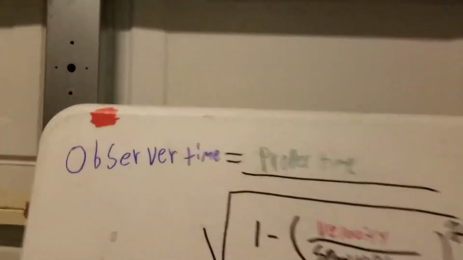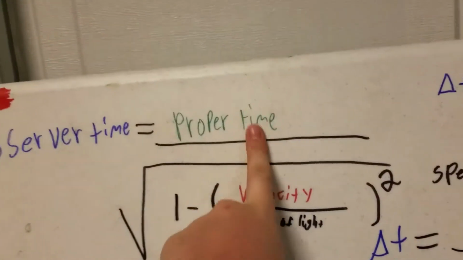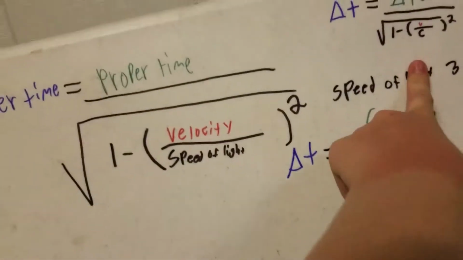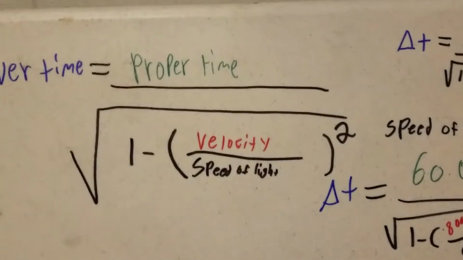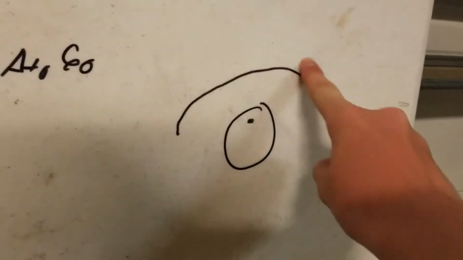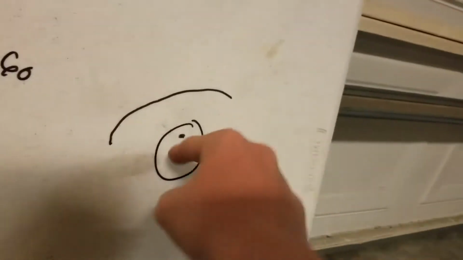For time dilation, your observer time equals the proper time, so the time that it actually is, over... in our scenario, we have this little Earth, and we're taking the reference of him over the Earth. So Jim's the observer, Steve is the person taking the action.